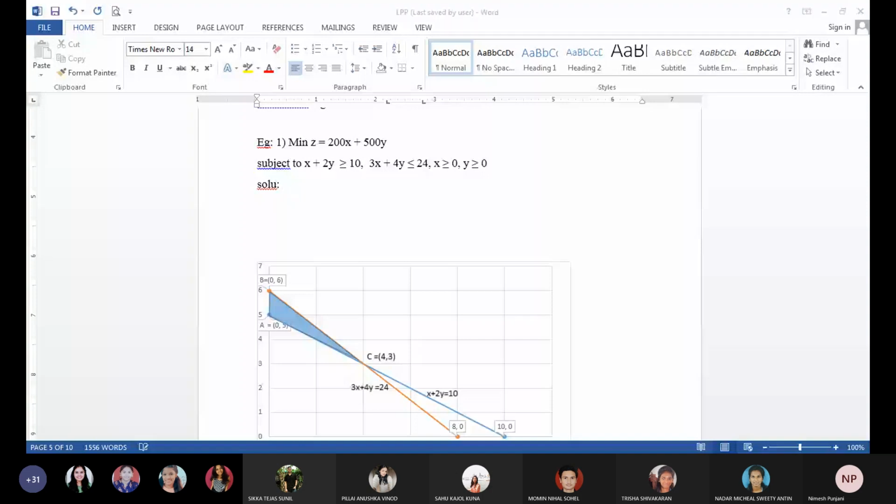So this is similar to what we have done in the last lecture. We have to find the common region, and then we have to get the solution.